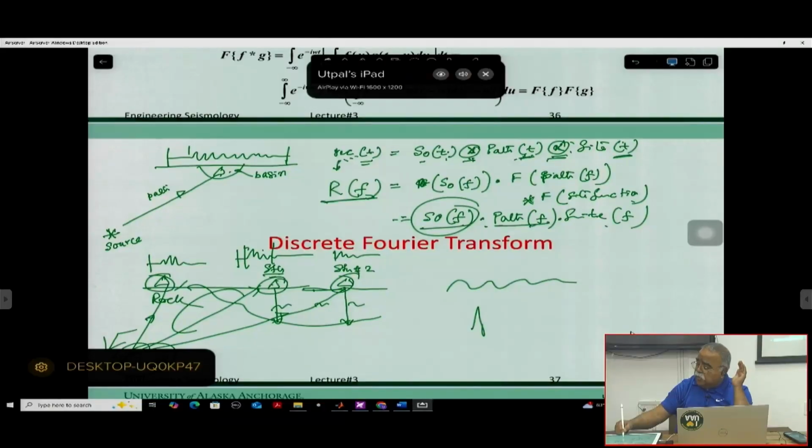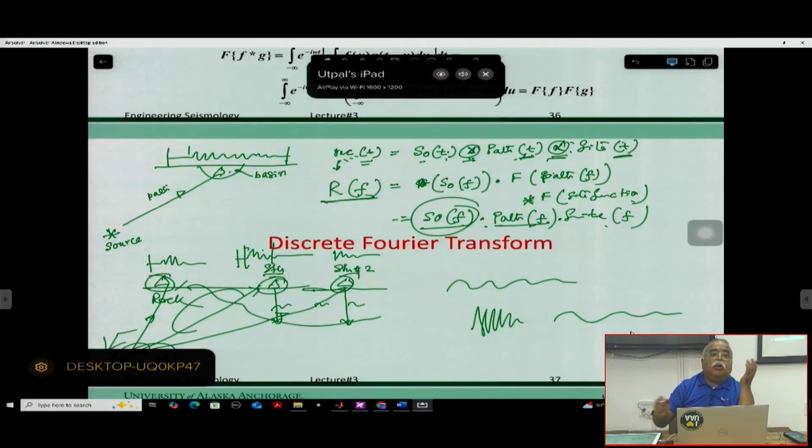If you see a very close distance earthquake, it will have a pulse like this. But if you are seeing a very teleseismic earthquake, then it will have a pulse like this. Because when the teleseismic earthquake travels, it attenuates the high frequency components of the signal.